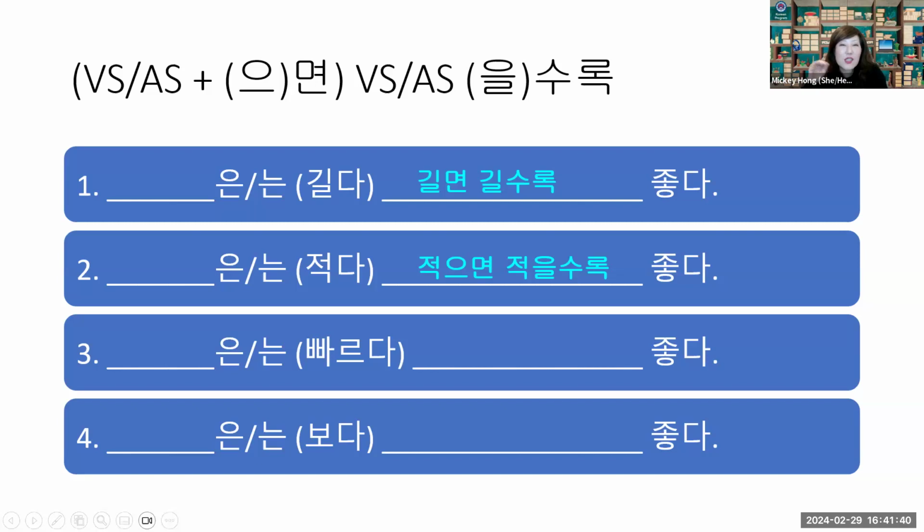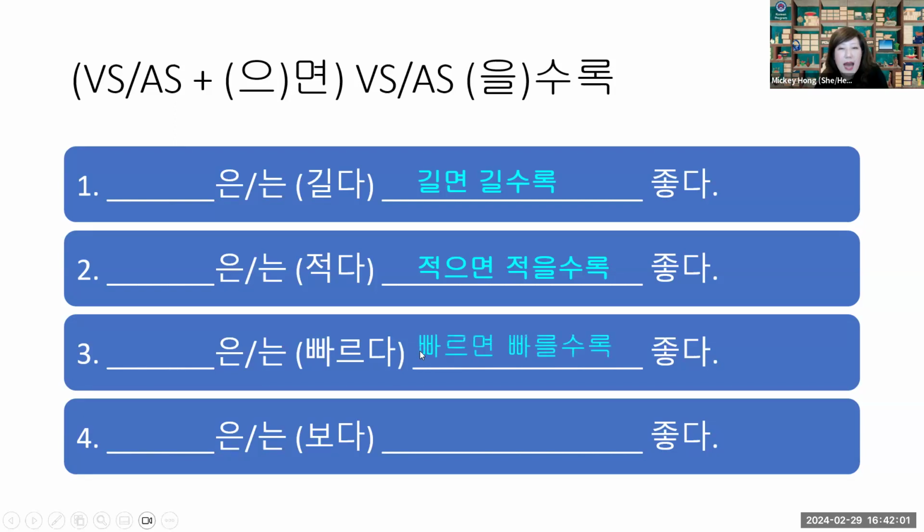What is it that it's smaller, the better? 적으면 적을수록 좋아요. So you have to get used to the repetition. 길면 길수록 literally means if it is long, the longer it is, the better. If it's small, the smaller it is, the better.